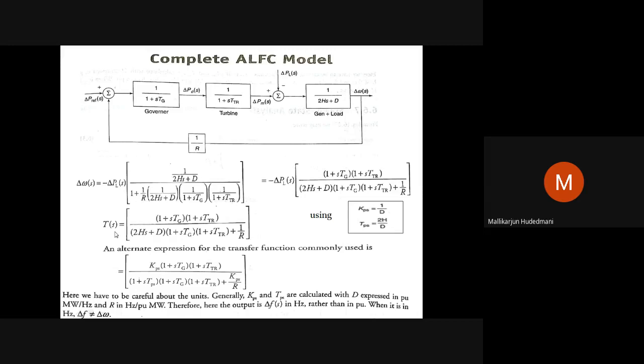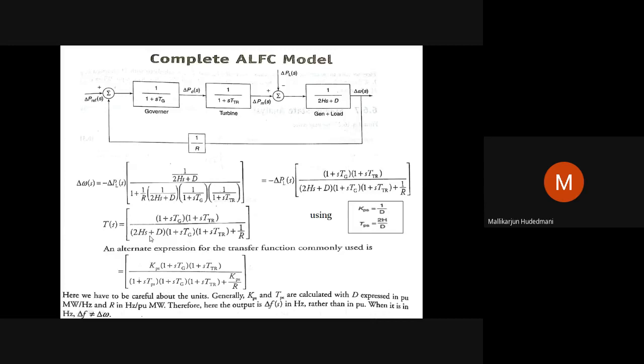Now this transfer function, when I rewrite it, is delta omega s divided by delta PL of s, with PL of s taken to the other side. So it becomes 1 plus sTg into 1 plus sTr divided by 1 by R plus all these terms. Now some books replace the gain of the power system with 1 by D. Here I have H as the inertia constant, D as the area damping constant, R as the droop.